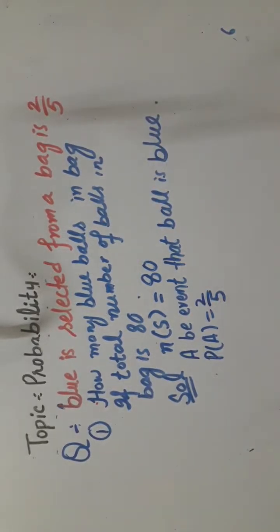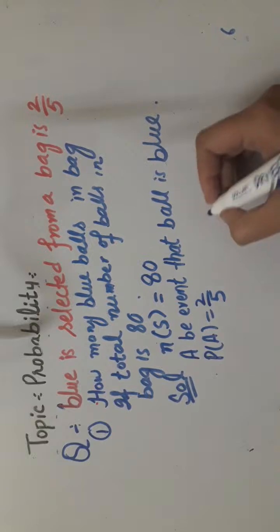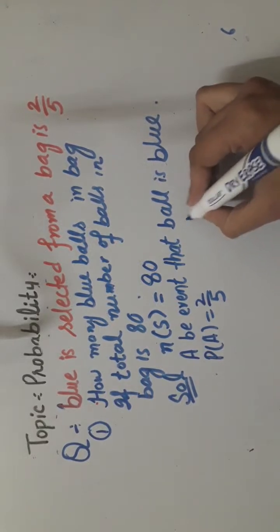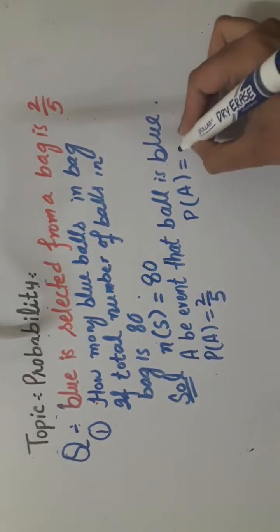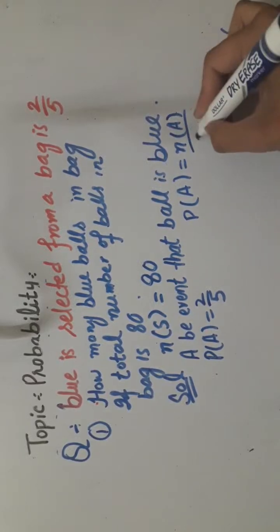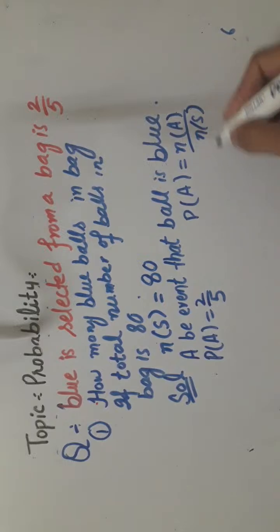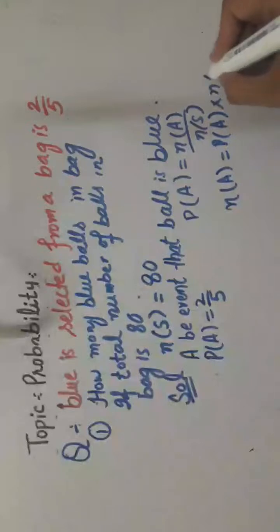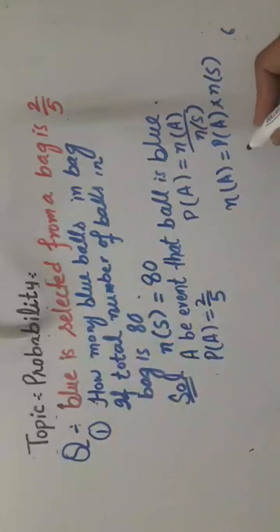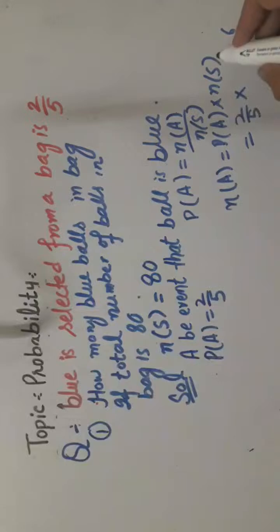You have to find the number of balls. So we will use the formula P of A is equal to N of A by N of S, cross multiply. So N of A is equal to P of A multiplied by N of S. P of A is given, which is 2 by 5, multiplied by N of S, which is equal to 80.